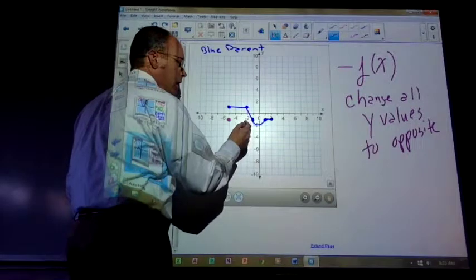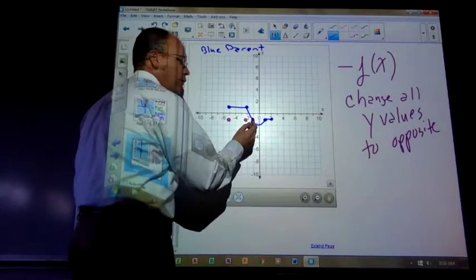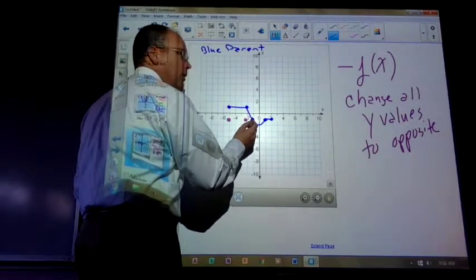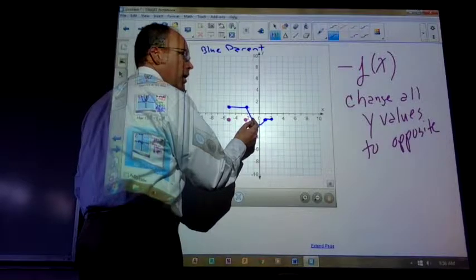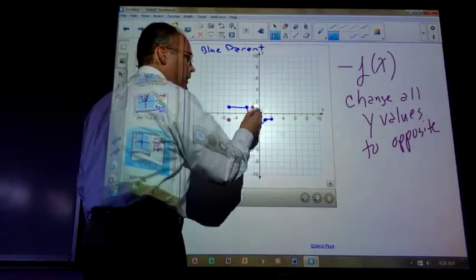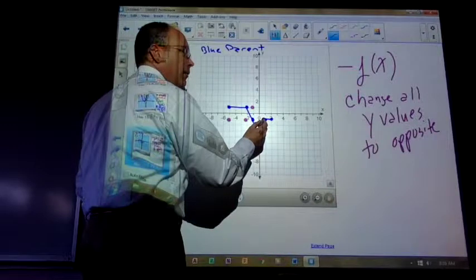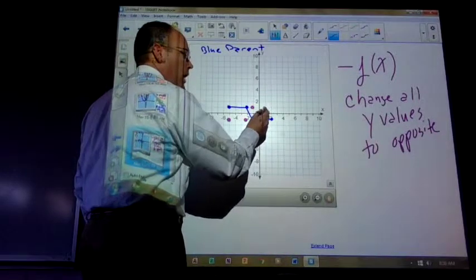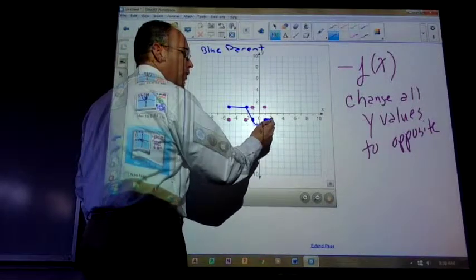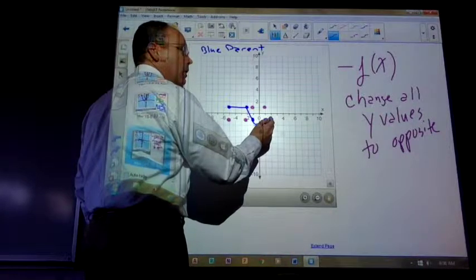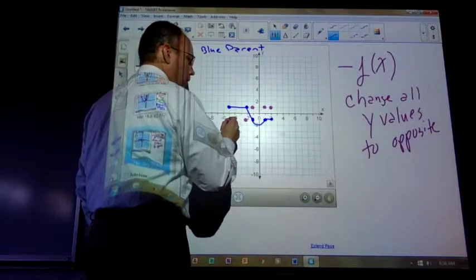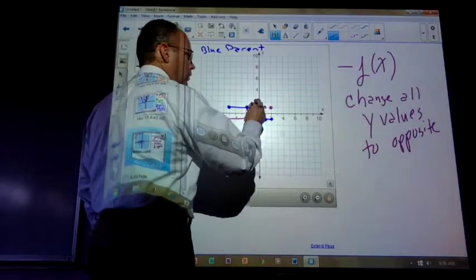Negative 2, negative 1. Negative 1, negative 1 becomes negative 1, 1. 1, negative 1 becomes 1, 1. And 2, negative 1 becomes 2, 1. Here, here.